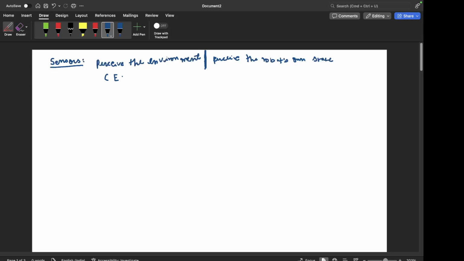The first term is exteroceptive, and the second term is proprioceptive.